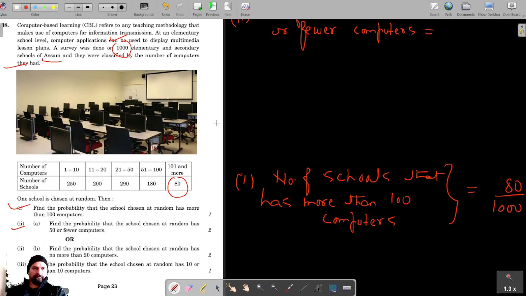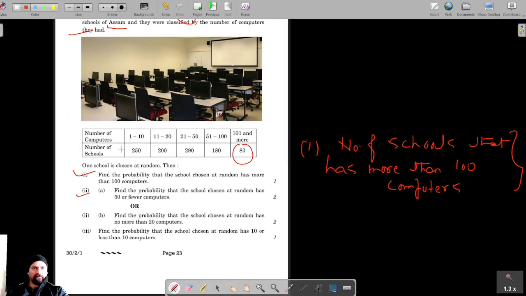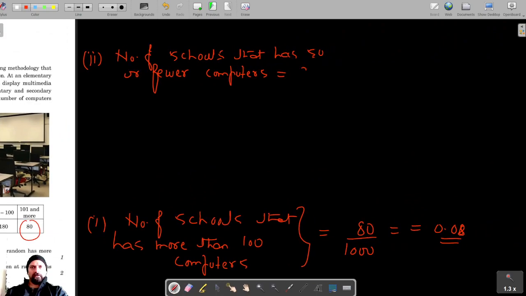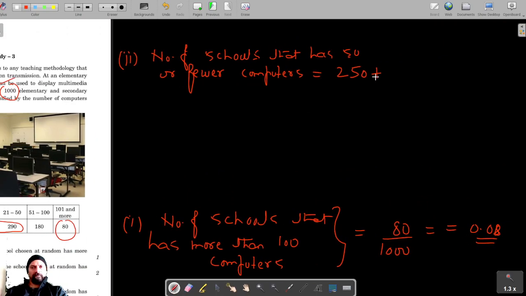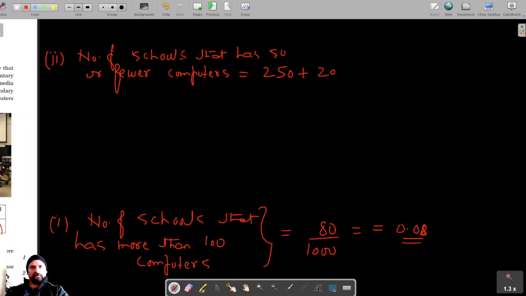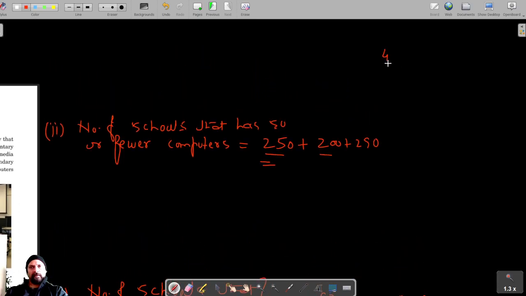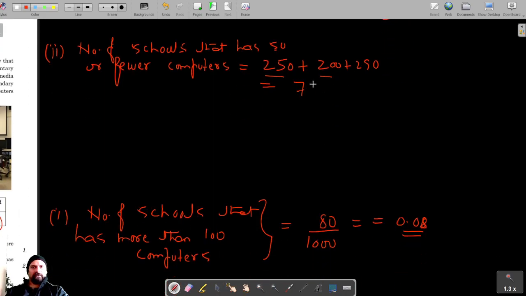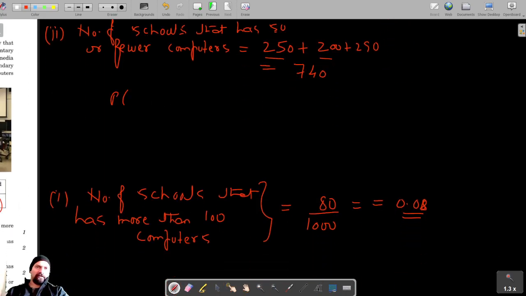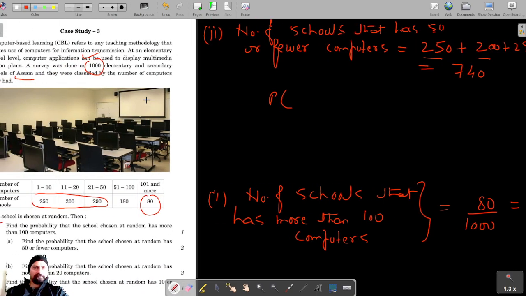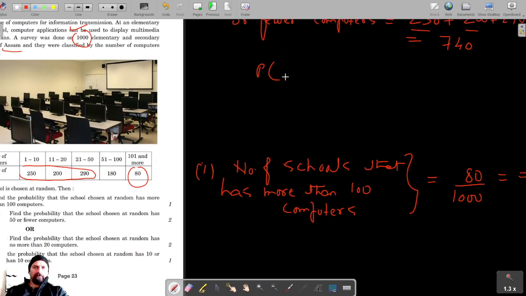That means less than 50, and these are 250 plus 200 plus 290. So this is 450, and 450 plus 290 is 740.